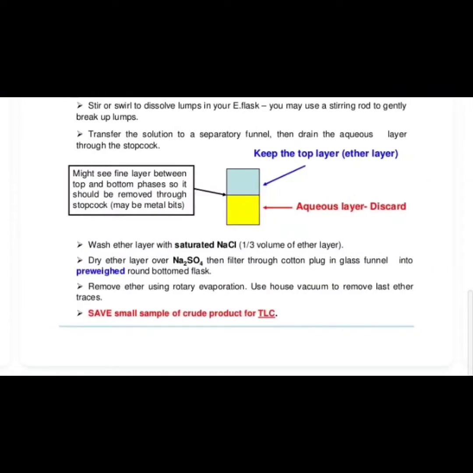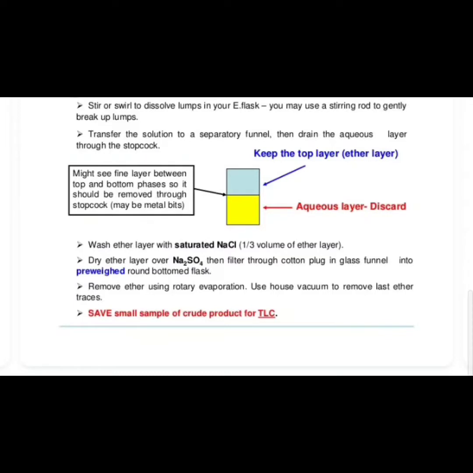After the Grignard reaction, the product will be formed and checked by TLC. All of you know about TLC. When your product is formed, you should stop the reaction, and the product will be separated using a separating funnel. Add your product and an organic solvent into it.